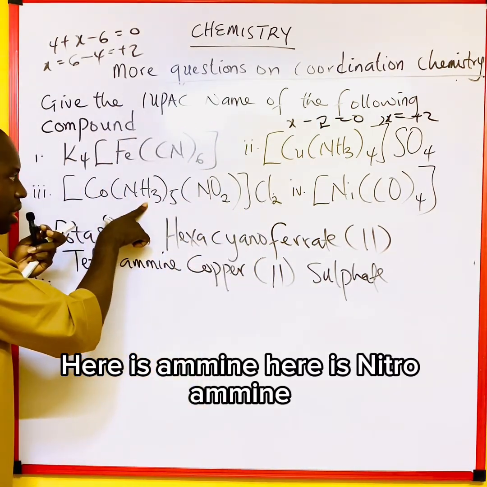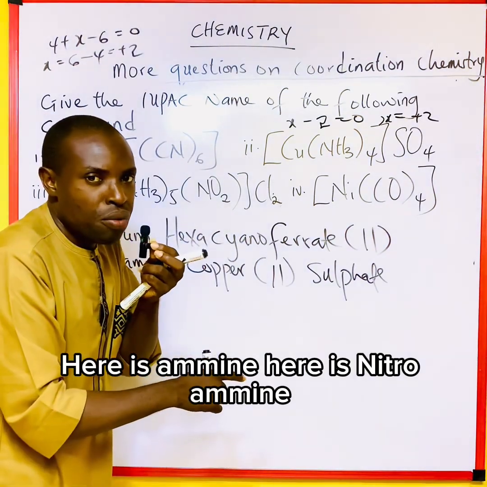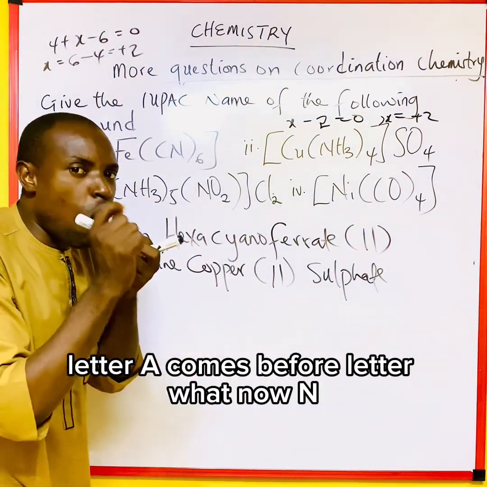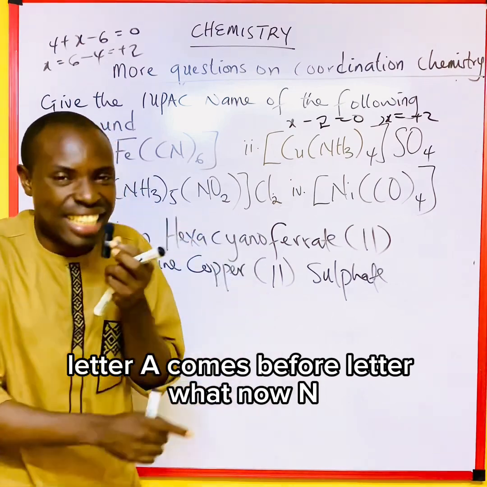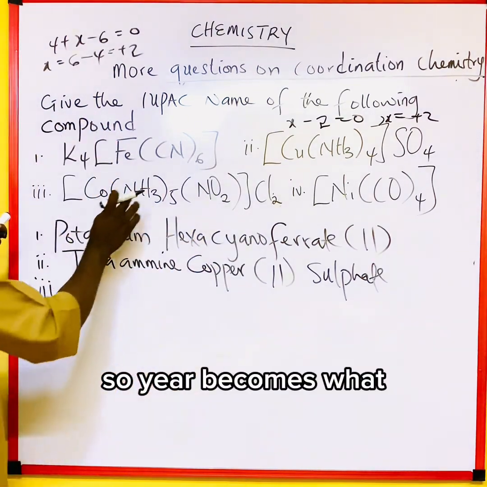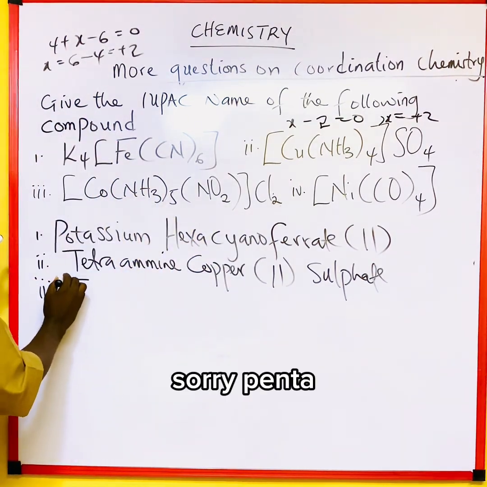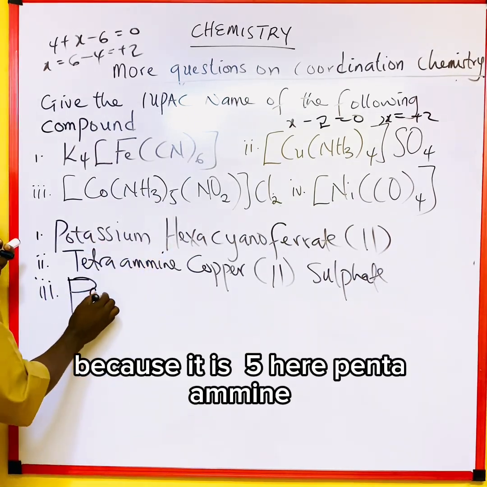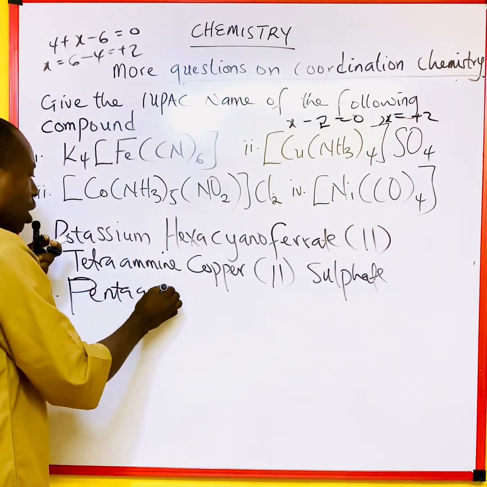Here is ammine, here is nitro. Ammine, letter A comes before letter N. So here becomes penta, because it's 5 here. Pentaammine.